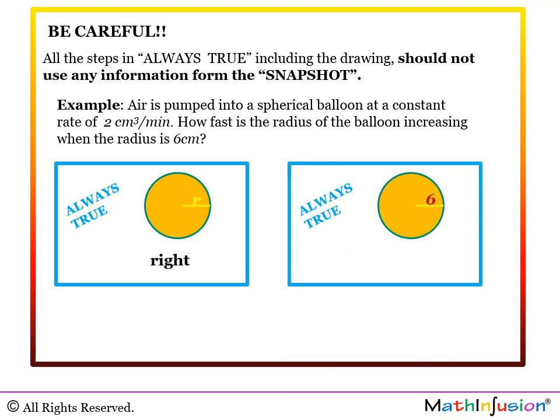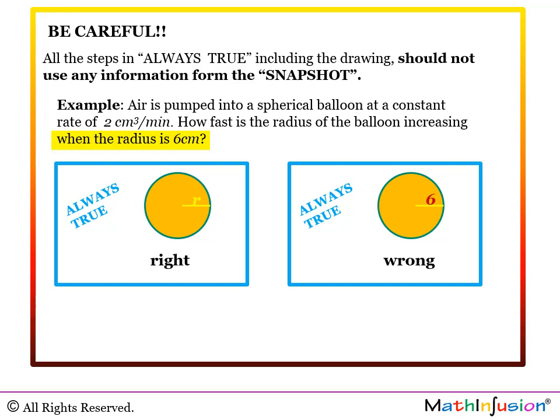This is wrong. You see that the radius is 6 centimeters, but this drawing is only true for a very, very short instant. It's not only that it's wrong, if you do it, you will never get a related rate problem. If you fix the radius and the radius doesn't change, then it makes totally no sense.